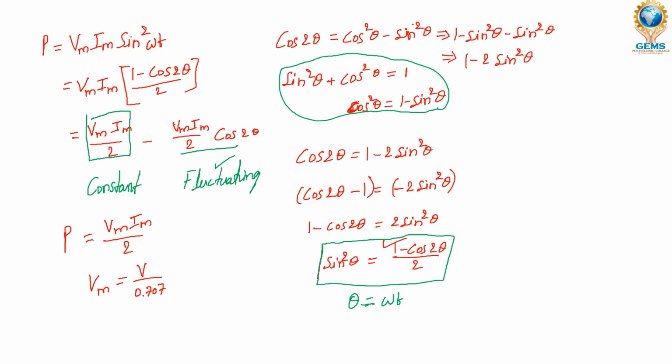It is the value of 1 by root 2; check in a calculator, it will come 0.707.